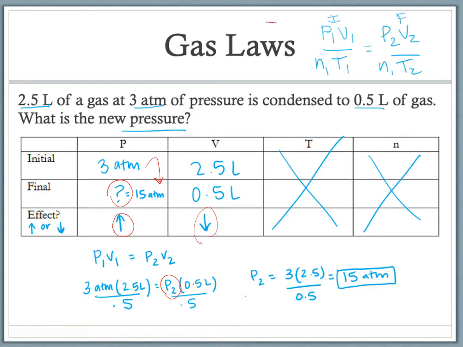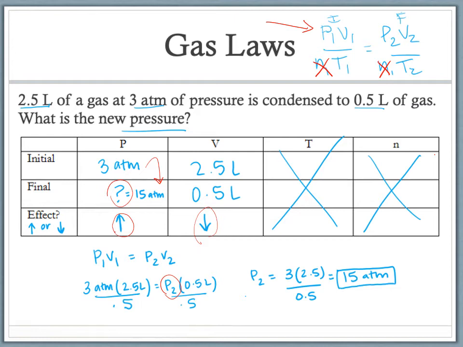Now you'll notice over here that I wrote down all of the gas laws together. If you look at your reference sheet, you are given this, except yours does not include n. That's because, like I said before, most often n is kept the same, so there's no reason to include it because it just gets canceled out.